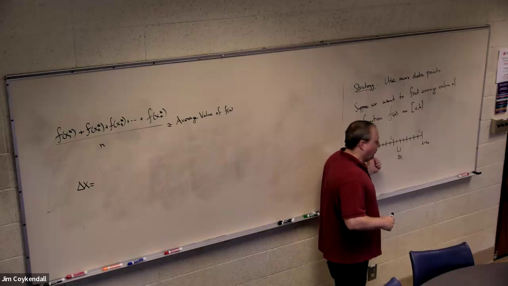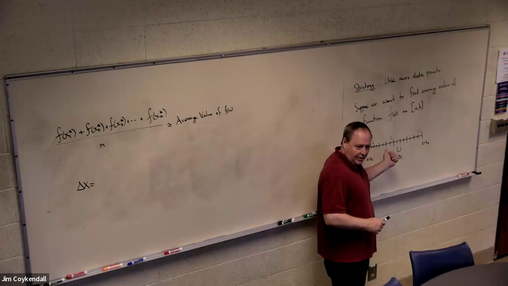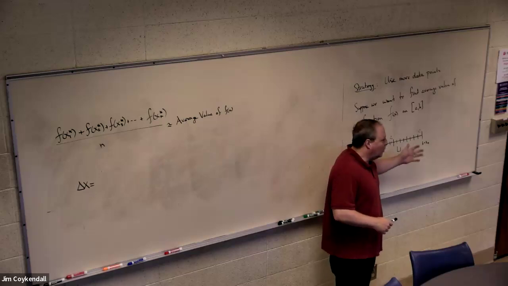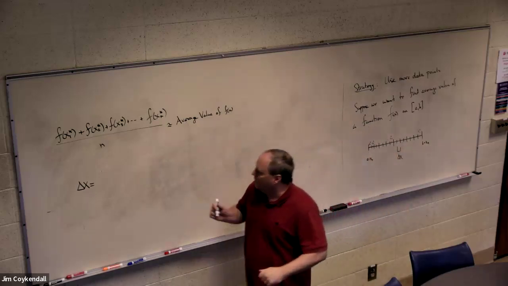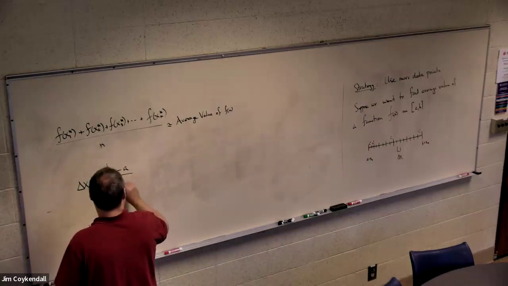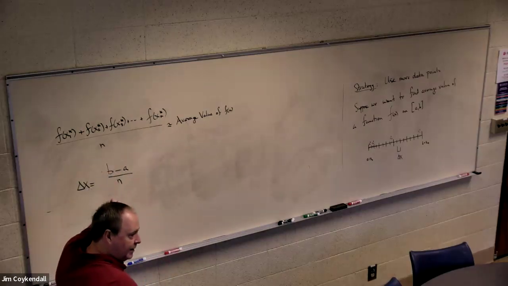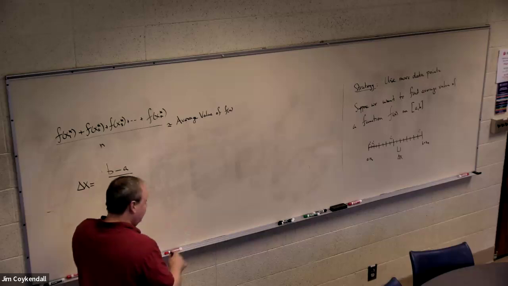Okay, so what's the width of the entire interval? b minus a. Everybody agree with that? And we've broken it up into n pieces. So let me massage this a little bit.